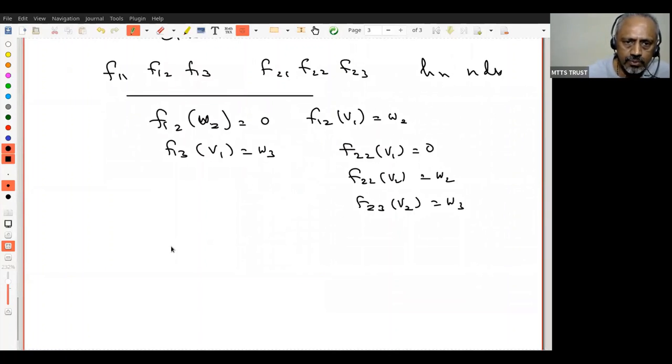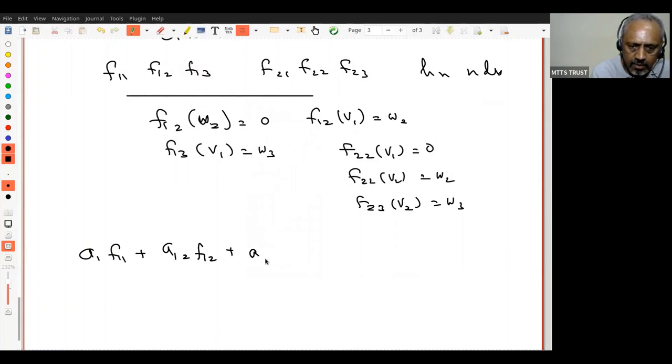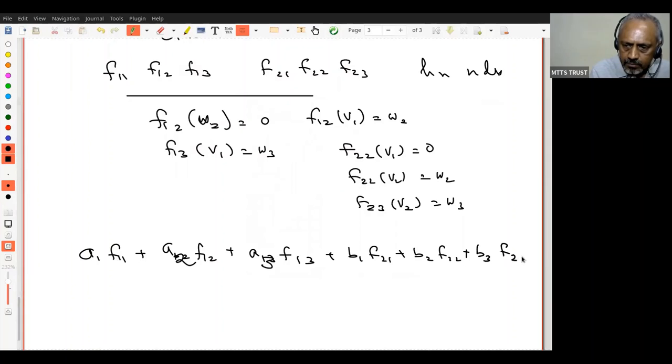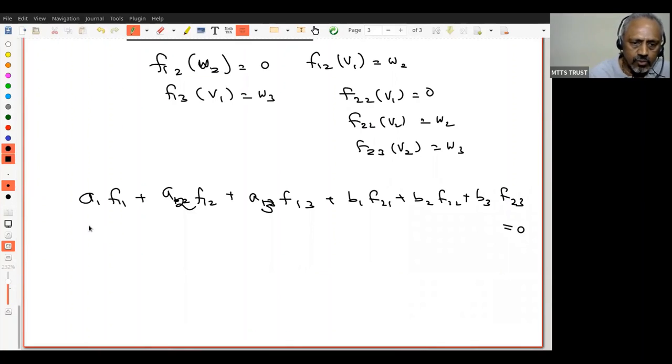So let us look at a1 f11 plus a2 f12 plus a3 f13 plus b1 f21 plus b2 f22 plus b3 f23. This is equal to 0. What do I want to prove? I want to prove a1, a2, a3, b1, b2, b3 are 0. So let me operate this.